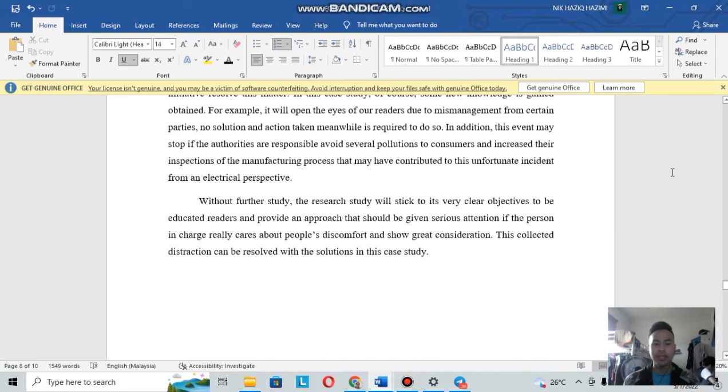This research study will stick to its very clear objective to the educated reader and provide an approach that should be given serious attention if the person in charge really cares about people's discomfort and shows great consideration. So this collected selection can be resolved with the solution in this case study.